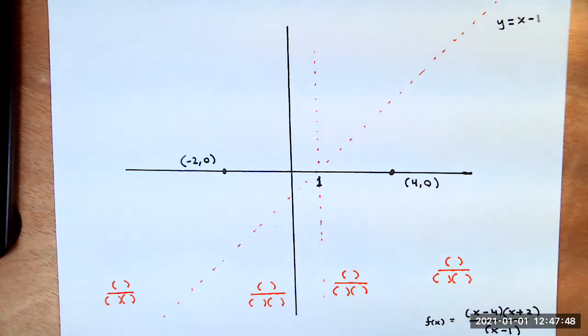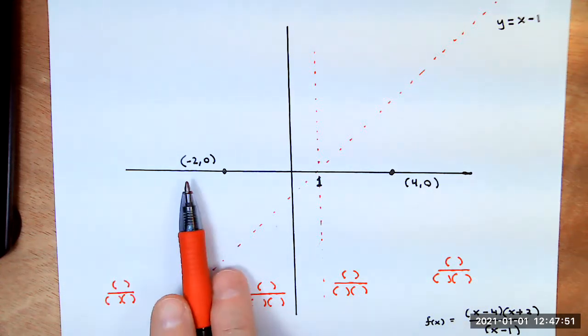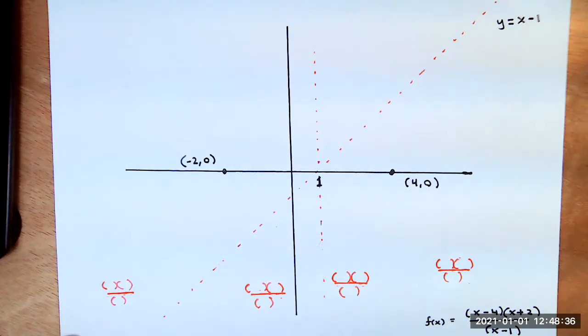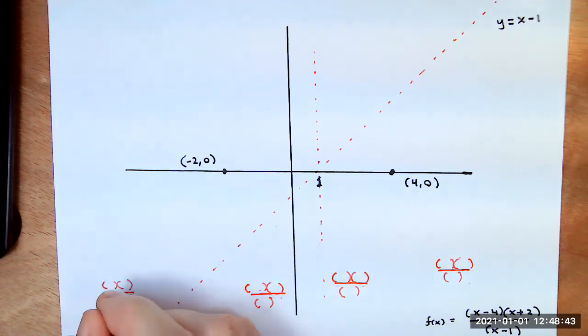All right, let's plug in a number less than negative 4, like negative 8.